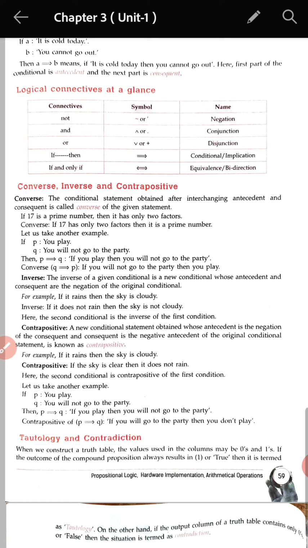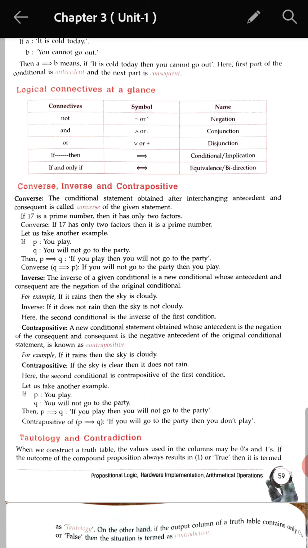They are always applied in a sentence which contains the implies arrow, single sided arrow, if then. That type of thing, converse, inverse, and contrapositive occurs.